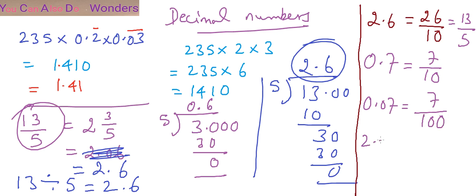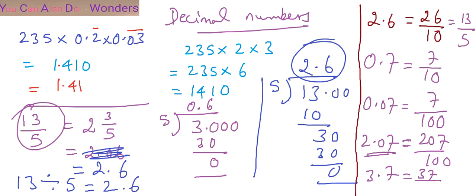Suppose 2.07, then if the decimal point is removed, it becomes 207, that's the numerator. Denominator is 100 because the number has 2 decimal places. So 3.7 is 37 by 10 because only 1 decimal place. So this is an easy way to convert a decimal to a fraction.